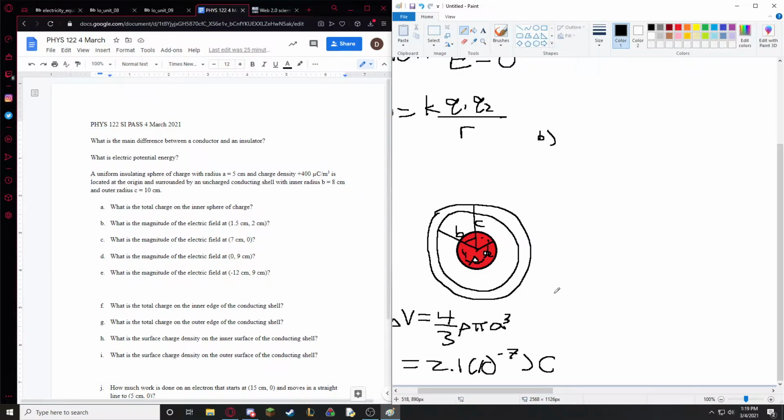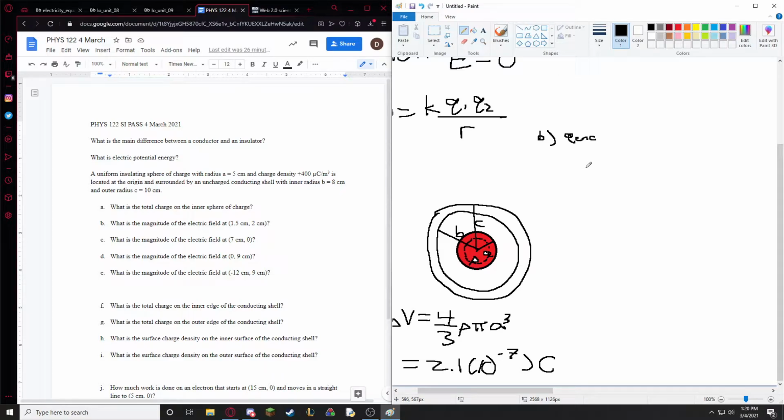How do we use Gauss's law to find the magnitude of our electric field inside our sphere? Let's say at a radius like that. Can't we draw a Gaussian sphere and then find the enclosed charge? Exactly. So if we draw our Gaussian sphere here, let's say it has a radius r, and we'll plug in our value for r at the end. What's going to be the total enclosed charge? Just rho times the volume of the Gaussian sphere.